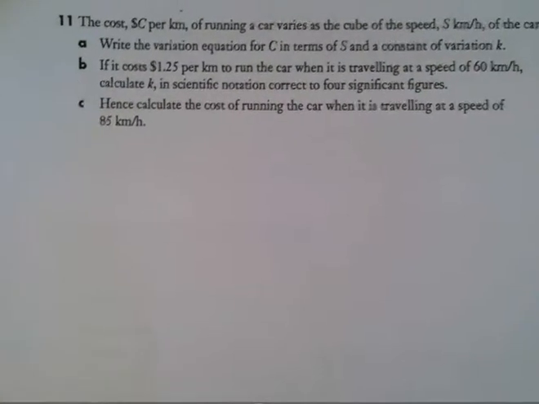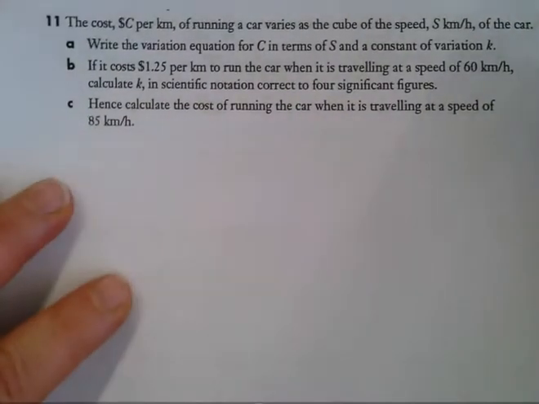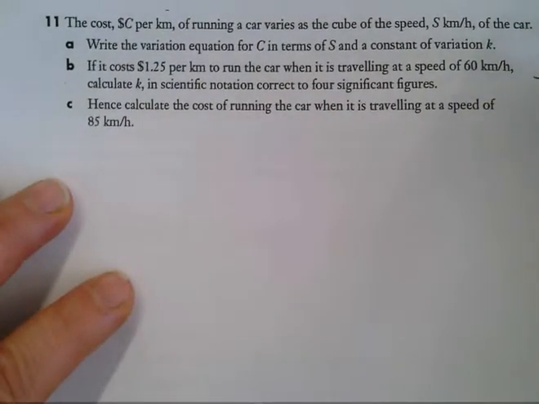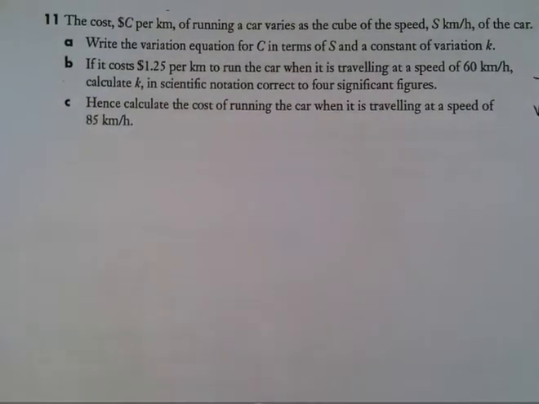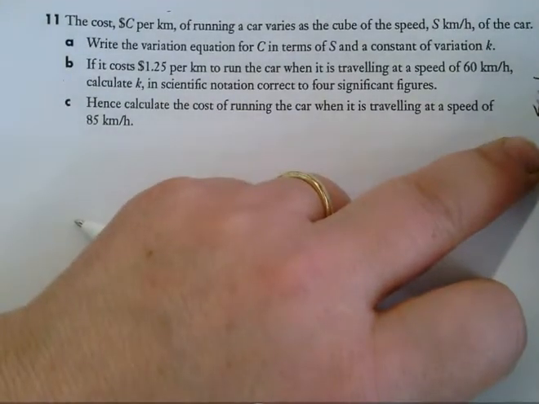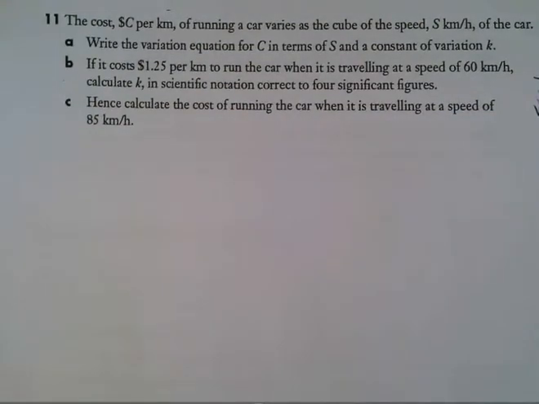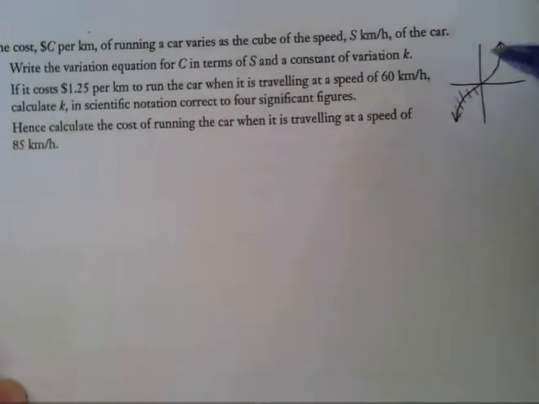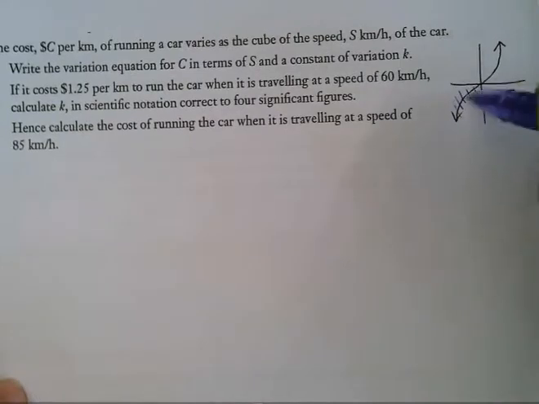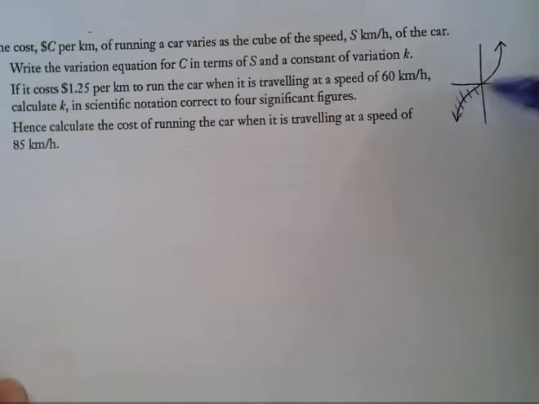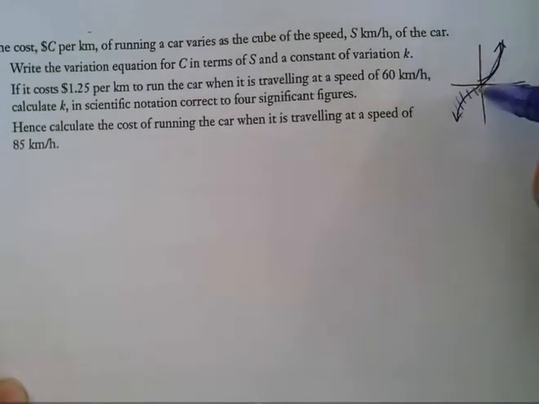This type of question, question 11, the cost. Now, a cubic normally looks like this, but you will not see this section of the graph. Do you understand? This other one is a cubic, which has that shape, but you won't see this section here. You'll only see this section.